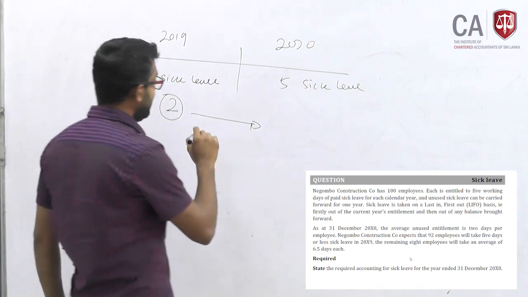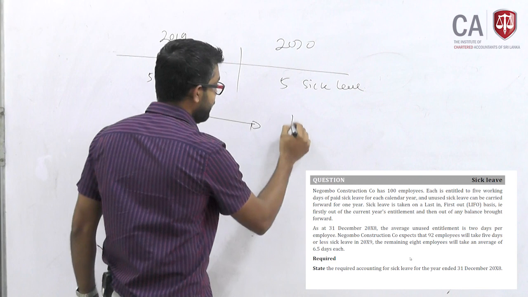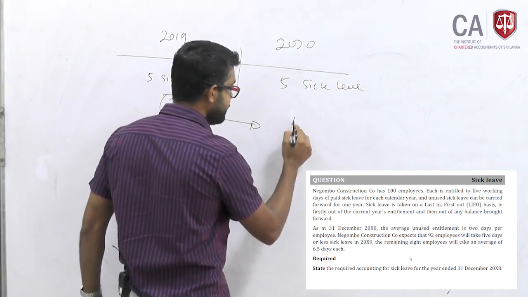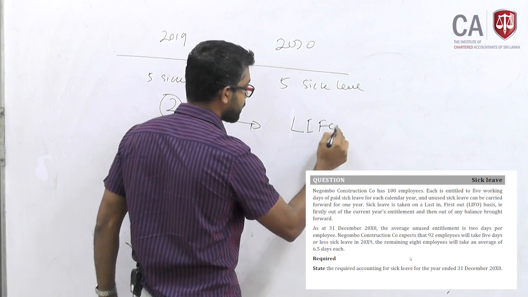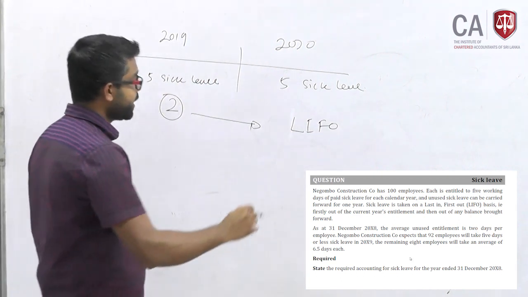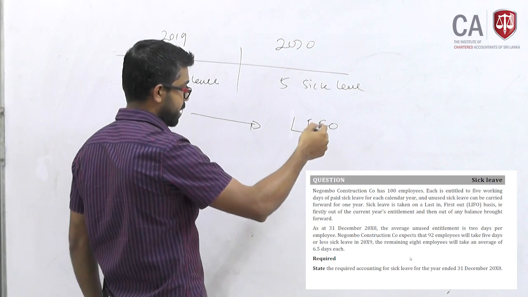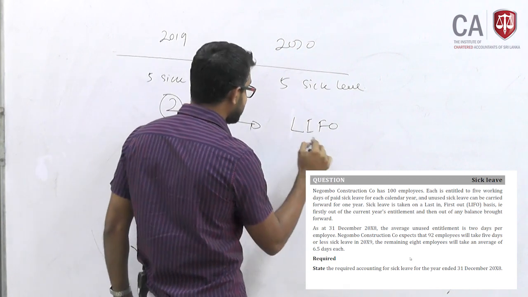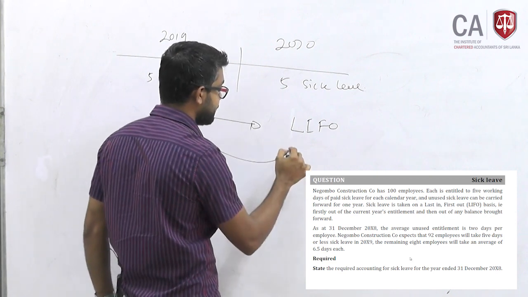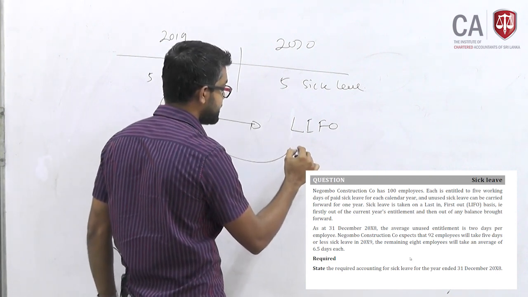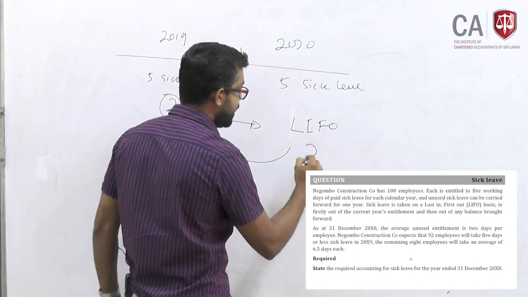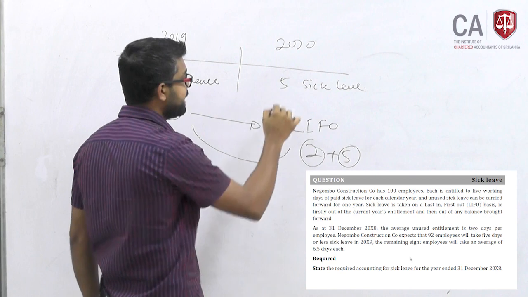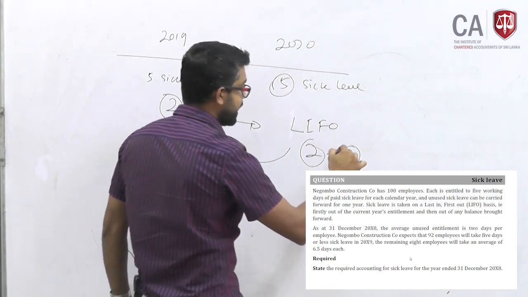So what will happen? FIFO would be different, but the question says LIFO, which means you can carry forward this 2 to 2020, but last in first out. This is last in. You have 2 plus 5, so 7 days.